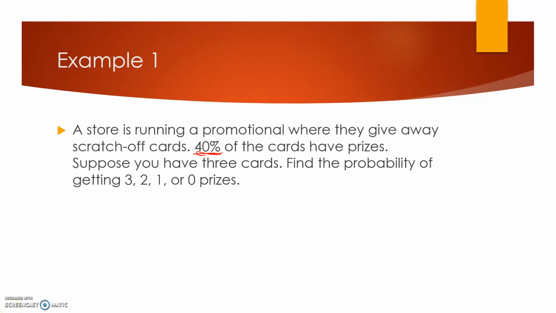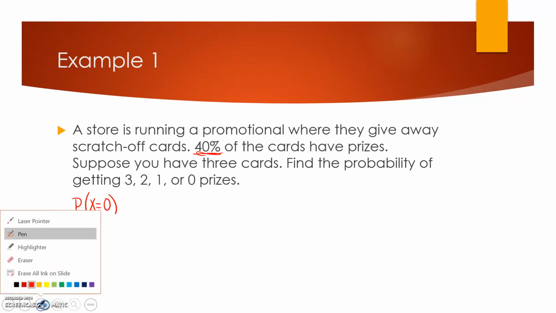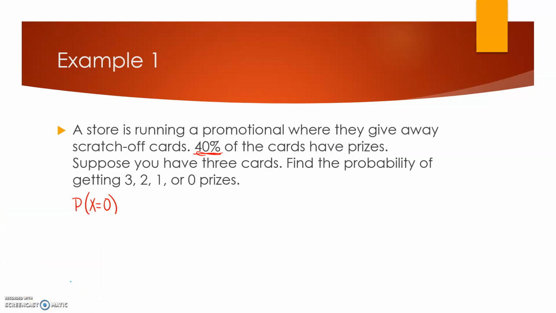Okay, so let's start with the probability that none of these are winners. First of all, let's look at how many different combinations there are of possible outcomes. Well, I could have that they all are winners.